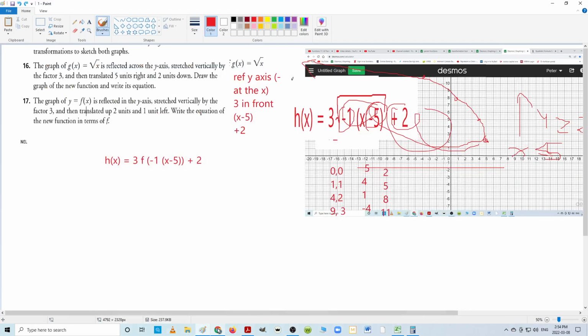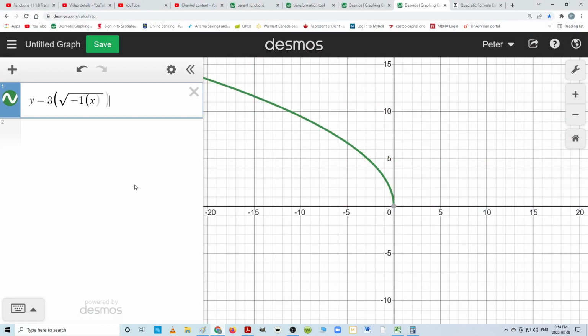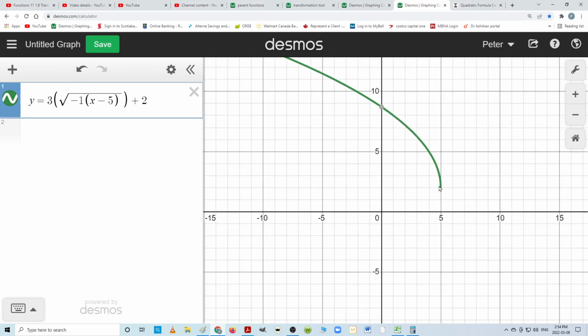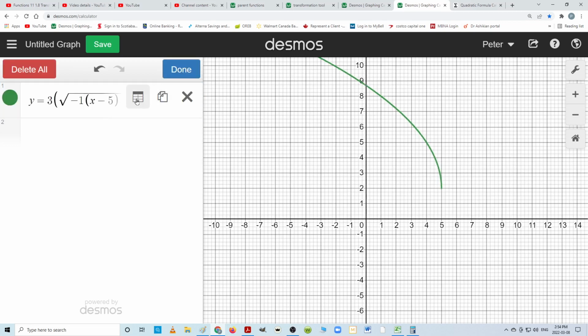Forgot it already. And there we go. Oh, what did I do? Oh, I put this in the brackets. There's no brackets there. Brackets should be closed right about there on the outside. Right there. There we go. So there we go. 5, 2. And let's see if I can just pull up some values.